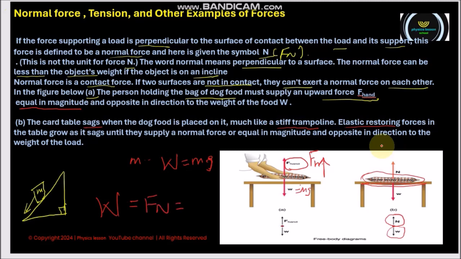And don't forget this one, the normal force is always perpendicular to the surface of contact. Here is the surface of contact. At this point it's the surface of contact.